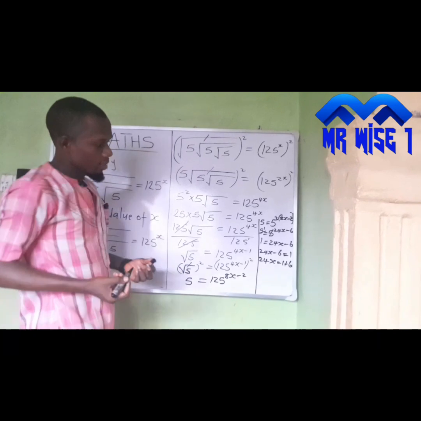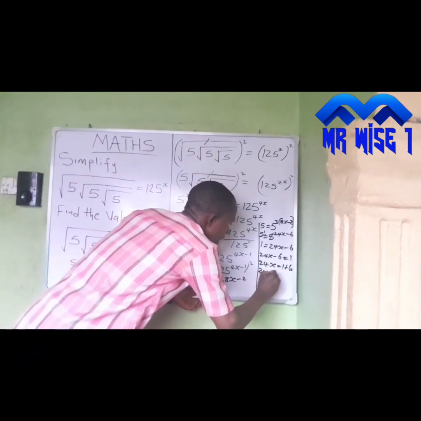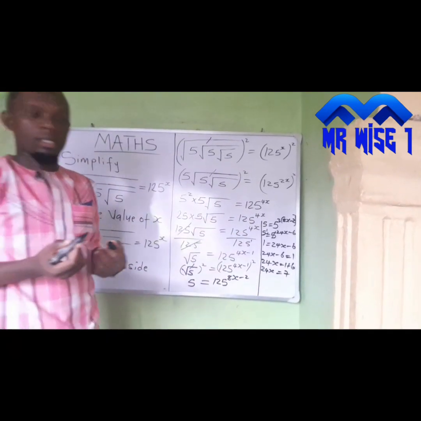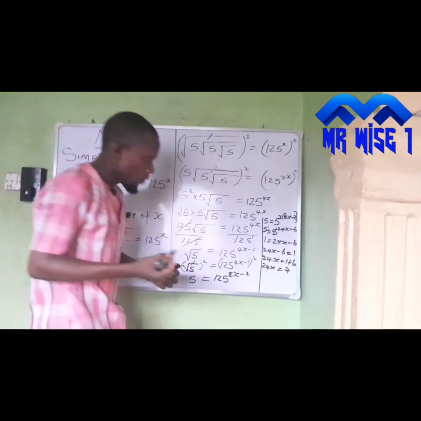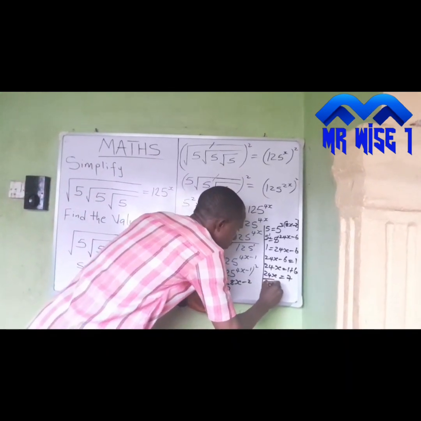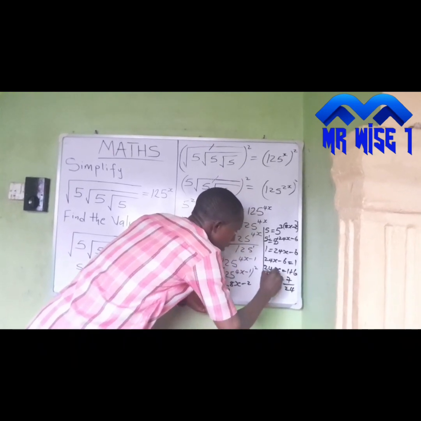That's why it's now plus 6. So 24x is equal to 7. Divide both sides by the coefficient of x. I'll have 24 divided by 24, so 24 will cancel 24.